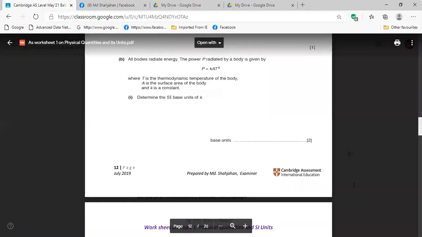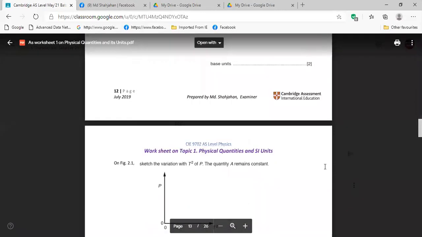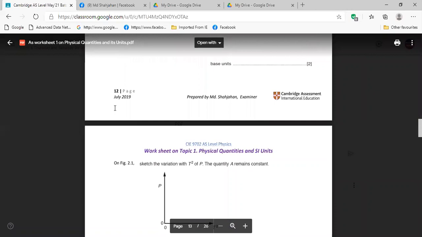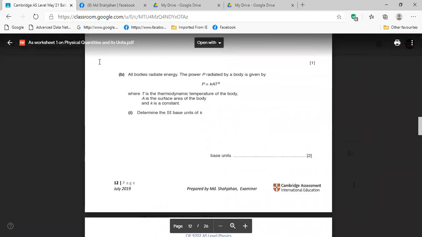Now they are saying A is also constant. So in your equation, if K is constant and A is constant, then according to the mathematical formula, P is directly proportional to T to the power 4.